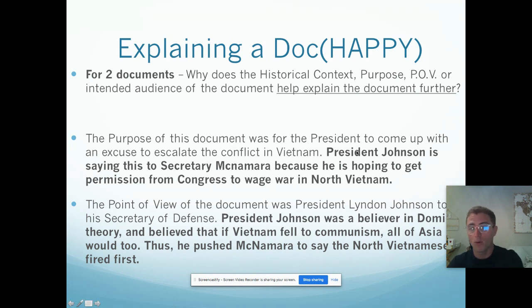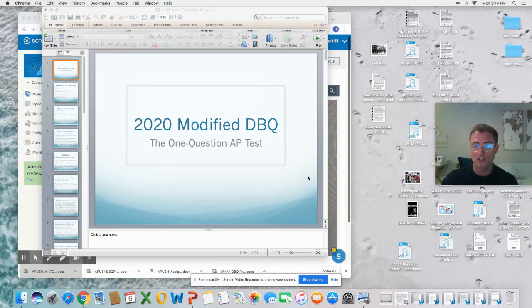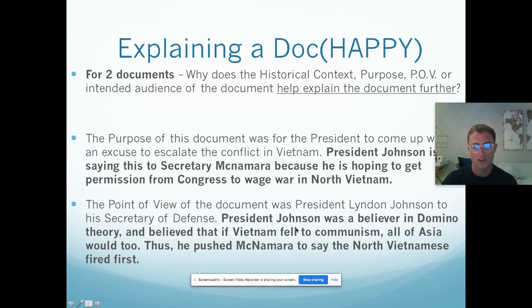So then in bold, which is the why, President Johnson is saying this to Secretary McNamara because he's hoping to get permission from Congress to wage war in Vietnam. That's why he's saying it. That's why it helps explain this document further, right? So you have to show some historical knowledge there and some analytical skills to show the why. Same situation here. The point of view of this document was President Lyndon Johnson to his Secretary of Defense.